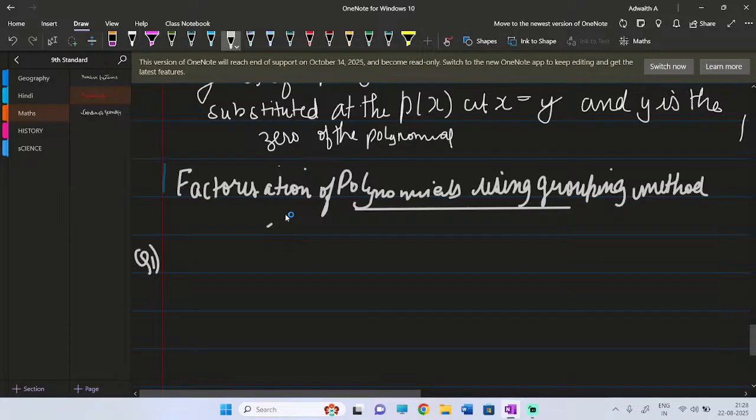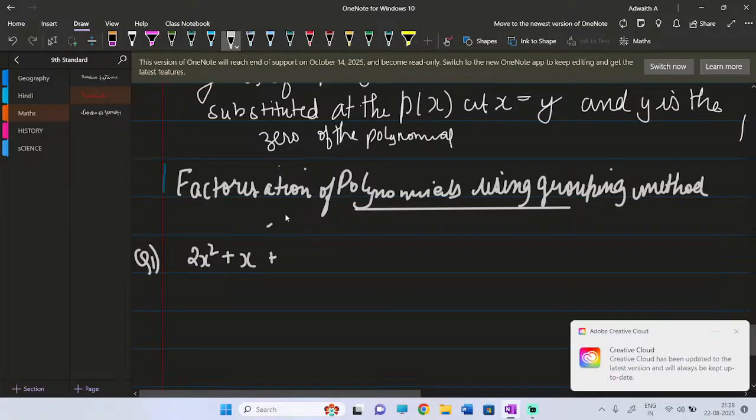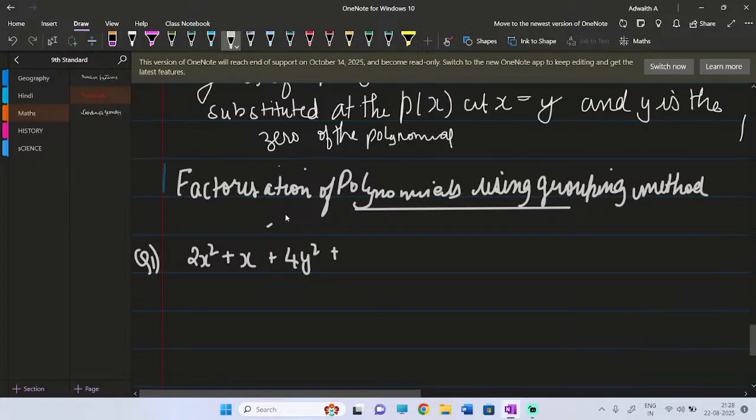Now we get a question: 2x square plus x plus 4y square plus y. What you take out is the common expression outside the bracket.